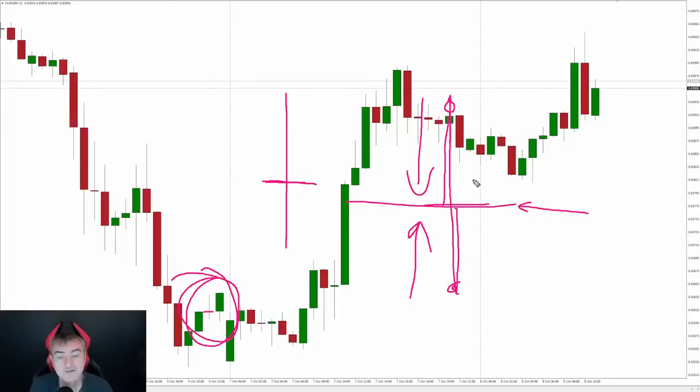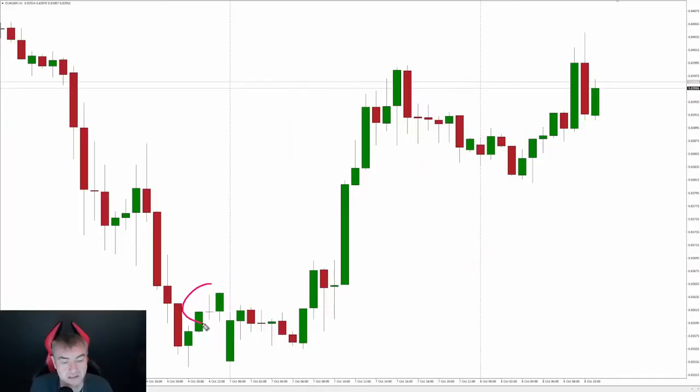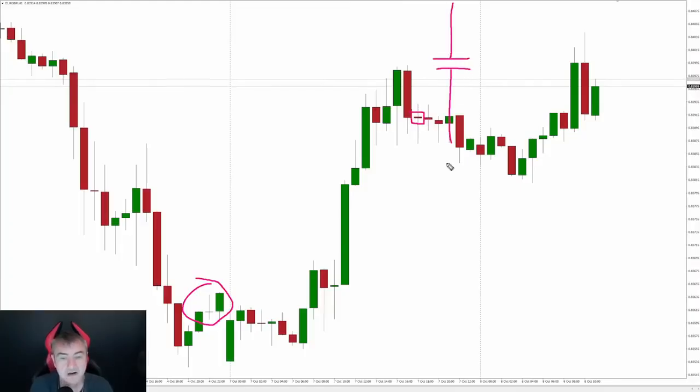Beautiful. But it means that there is no bias. So that is an indecision candle. It's not telling you any information apart from the market didn't move. However, it is telling you a little bit of information with wicks, which we'll go into in a second. You've also then got spinning tops, which is basically a little bit of body, but a very lot of wick.